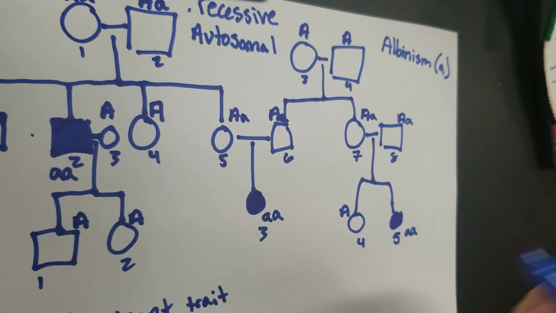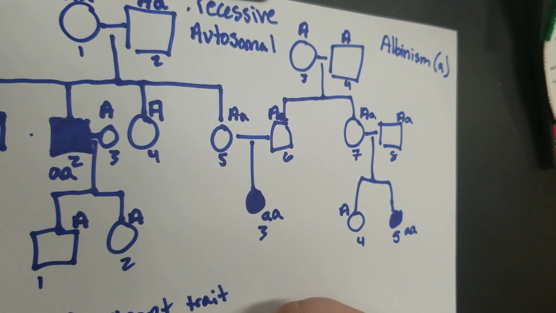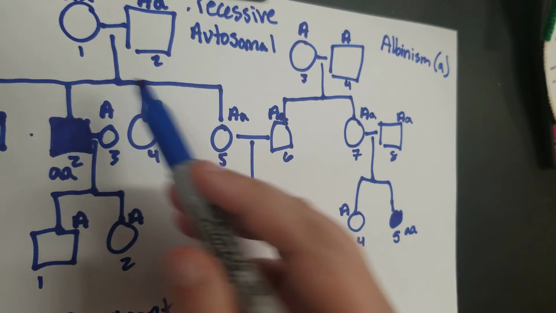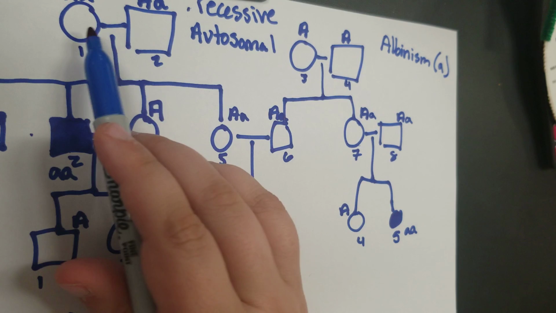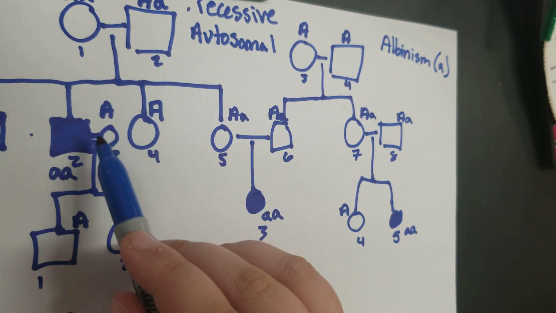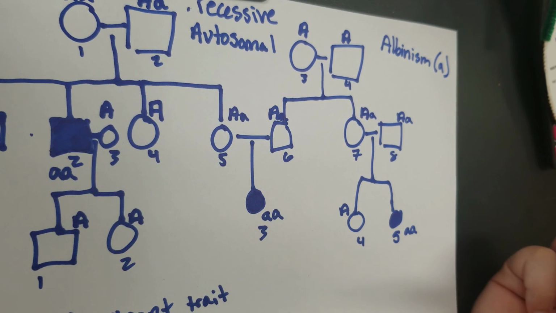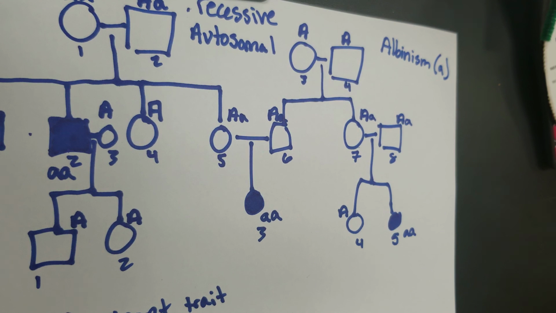You will have two shaded in parents that can have a non-shaded in child, whereas we have the reverse up here. Two non-shaded parents will have a shaded in child for a recessive. So that's just kind of a quick overview of your pedigree charts. And honestly, that's about all you need to know about pedigrees for your exam.